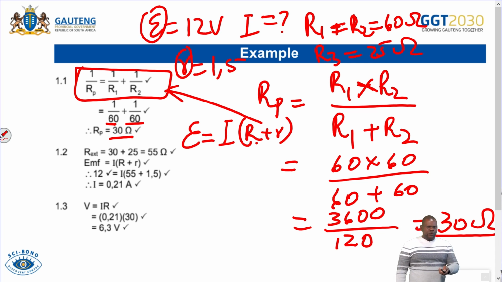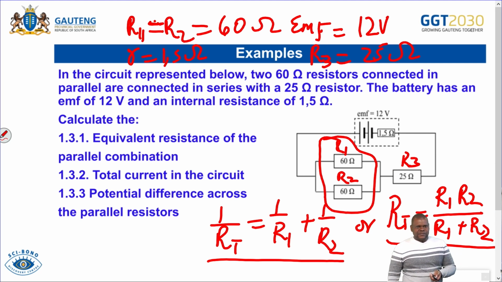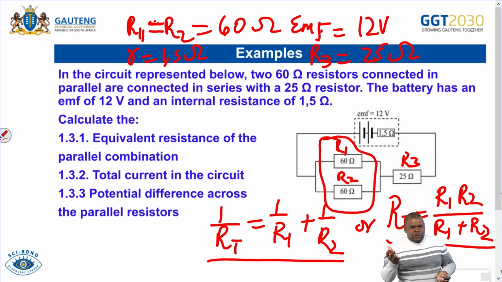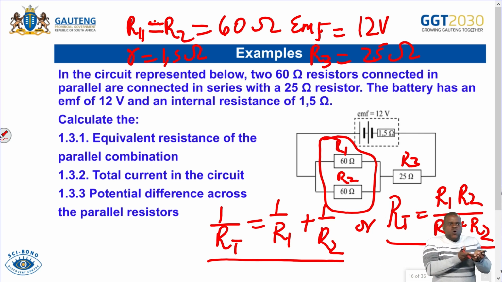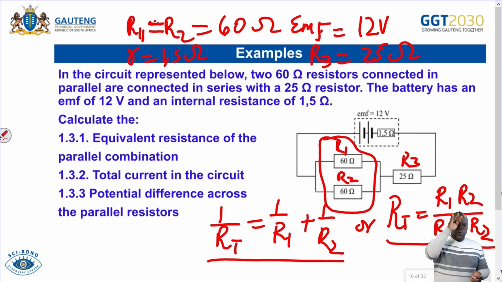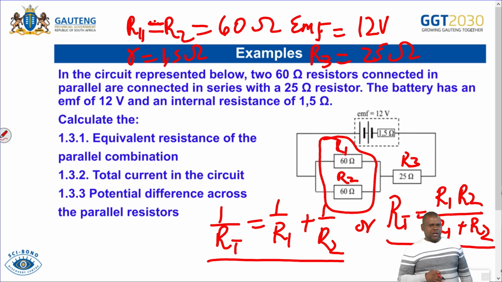Now, when we look into our circuit, grade 11s, we see that R3 is connected in series with the parallel connection. Are we together? R1 and R2 are connected in parallel to each other, but R3 is connected in series with the two R's, R1 and R2.